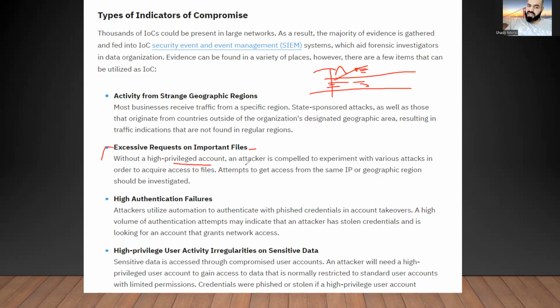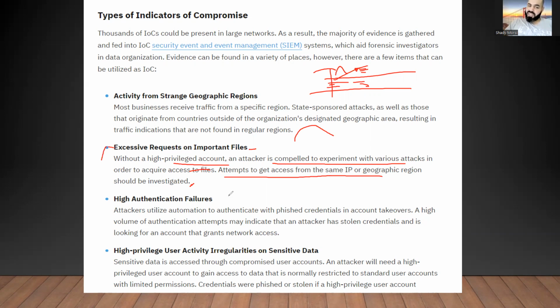Without a high privilege account, an attacker is compelled to experiment with various attacks in order to acquire access to the files. Attempts to get access from the same IP address or geographic regions should be investigated. So if you have an important file and you find someone from an external IP address trying to see these files, this is also an indication of compromise.